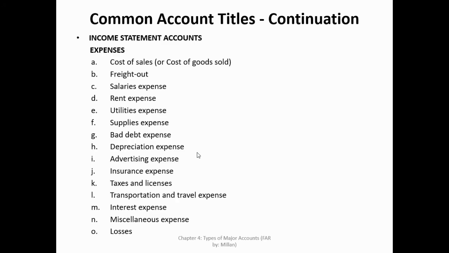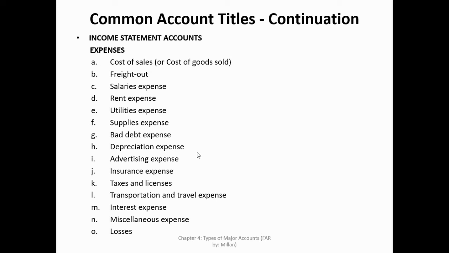Expenses. So, these are the different types of expenses. Cost of sales or cost of goods sold. So it represents the value of inventories that have been sold during the accounting period. For example, bumili ka ng mga damit na plano mong ibenta. Ngayon, binili mo siya ng 80 pesos isa.